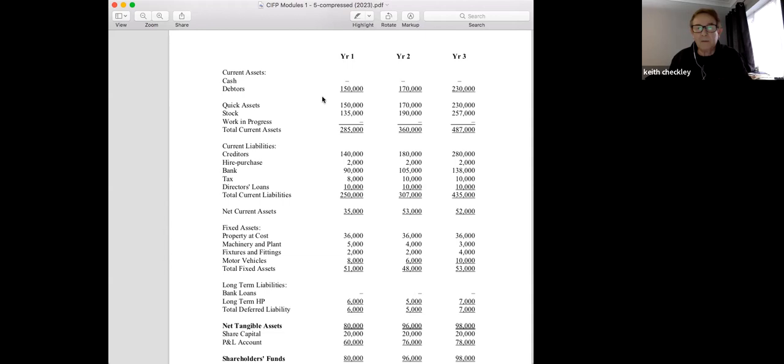So 150 divided by 250, I make that 0.6 to 1 for those liquidity ratios. We'll come back and discuss more what they mean when we've got the rest of the things done.